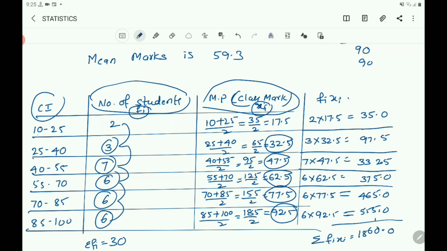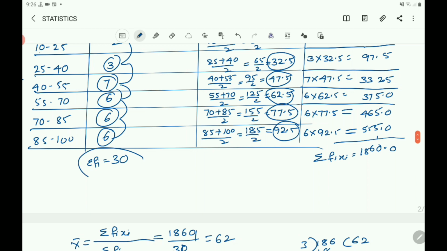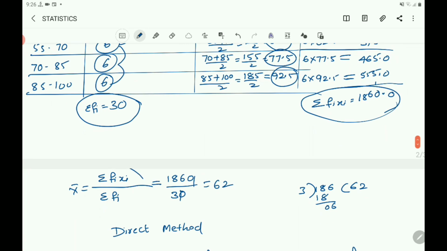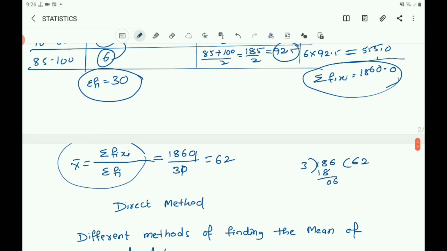After that we have to find the product of f and x, that is Fi and Xi, and again we have to find the sum of all the Fi and the sum of all Fi Xi. Then by using the formula x bar equals summation of Fi Xi by summation of Fi, that is the direct method. Now let us solve more examples in this direct method.